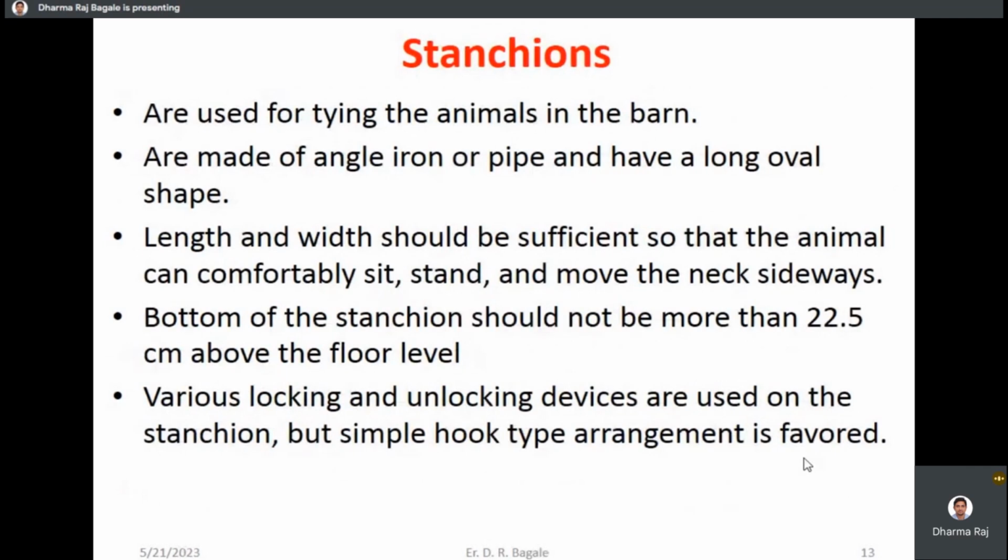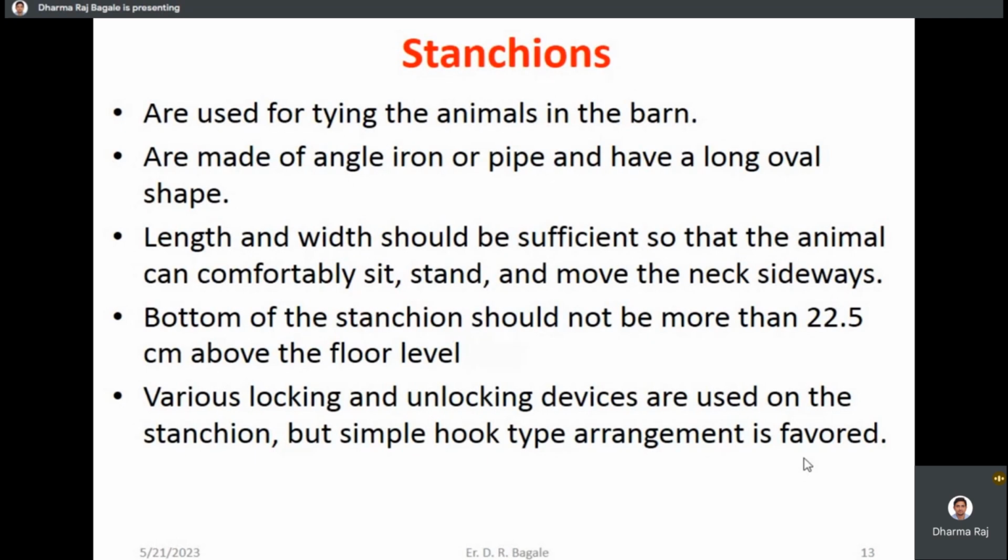And the stanchions are usually the pipes, ropes. Usually aluminum pipes or angle pipes are used here to tie the animals, and they are of the oval shape.